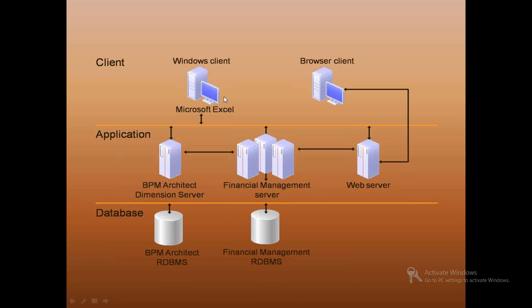Client tier: the Windows client means it's a thick client. It's the HFM client where we can see the metadata options and everything. Okay, to create an application profile, just for that we are using the HFM client. And the browser client is nothing but the web workspace. You may know this workspace, where we can work on HFM application activities like consolidation, creating data forms, data grids, and everything by using the web client.